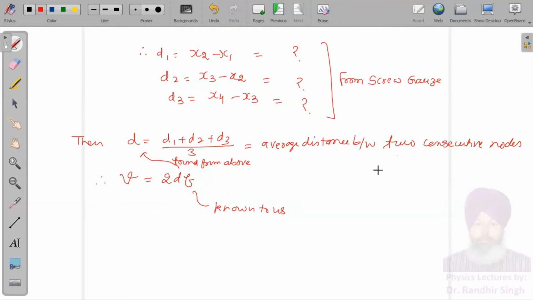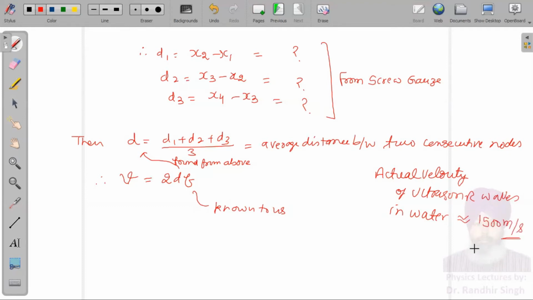Please remember, the actual velocity of ultrasonic waves in water at room temperature is roughly 1500 meter per second. So we will find the percentage error with regard to this. Now for noting the readings, we need to explore the screw gauge.